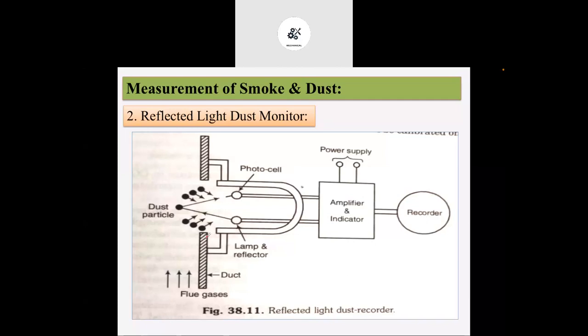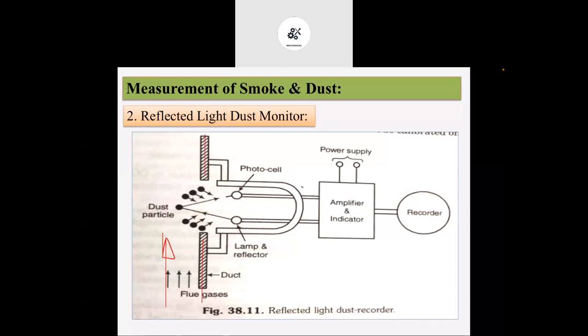Now, this one is also an optical type of measurement device where we use an electric beam, or a lamp and reflector, that will emit the radiation.